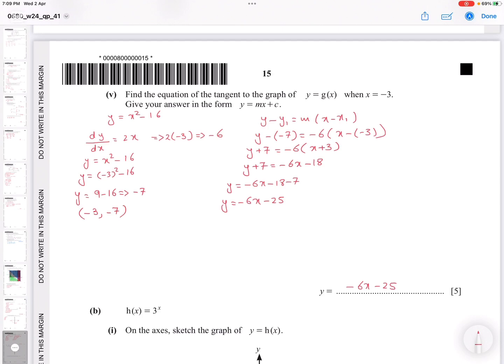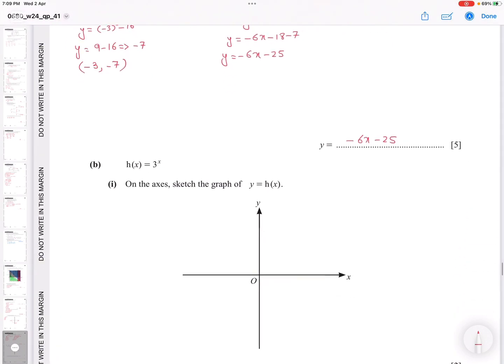B part. On the axis, sketch the graph of y is equal to h of x. h of x is 3 power x. So you write 1 here somewhere and you start like this. This is an exponential curve. Actually, y is equal to a power x, a can be any value, 3, 4, 5, 6.